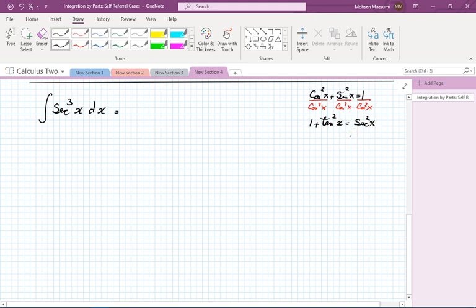We are dealing with secant and tangent, and their derivatives might come in handy. So let's remind ourselves what's the deal with the derivative of either of these functions. Secant of x, what was the derivative of that?